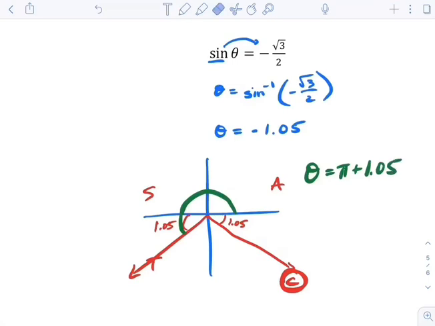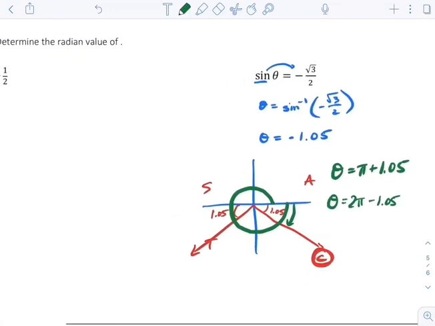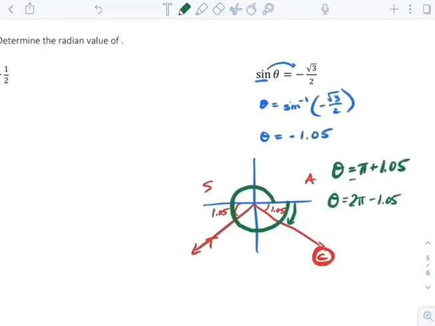The second one will be 2 pi minus 1.05. So we're going to get it in the fourth quadrant. And that's another way that we could get these ones. A little bit easier to get those values.